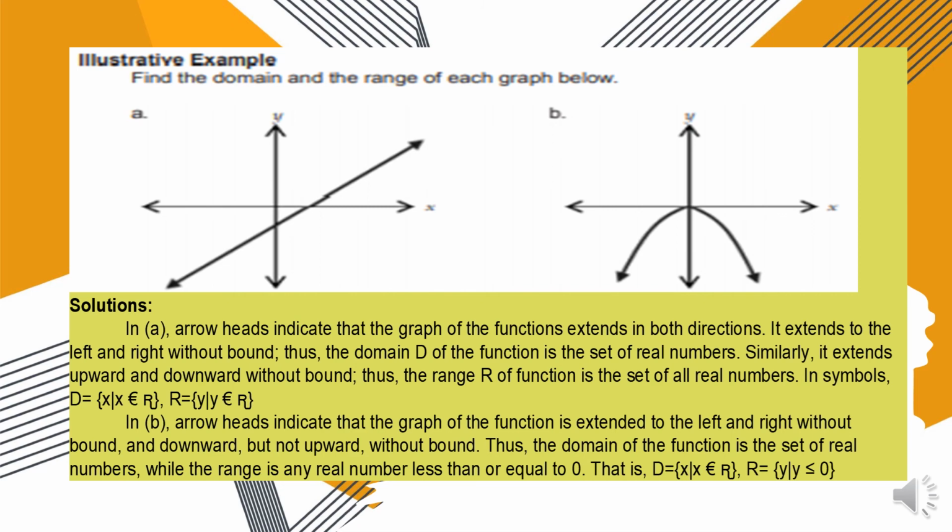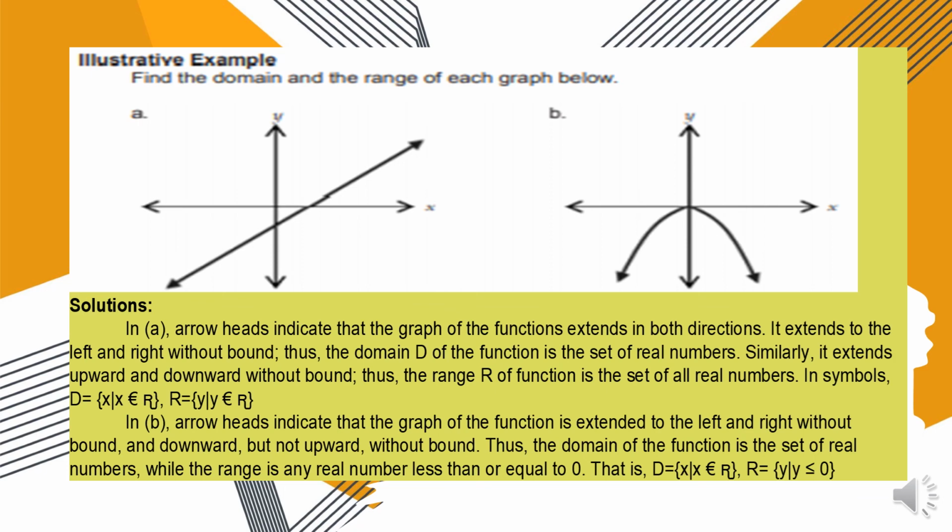In the first example, arrowheads indicate that the graph of the function extends in both directions. It extends to the left and right without bound. Thus, the domain D of the function is the set of real numbers. Similarly, it extends upward and downward without bound.